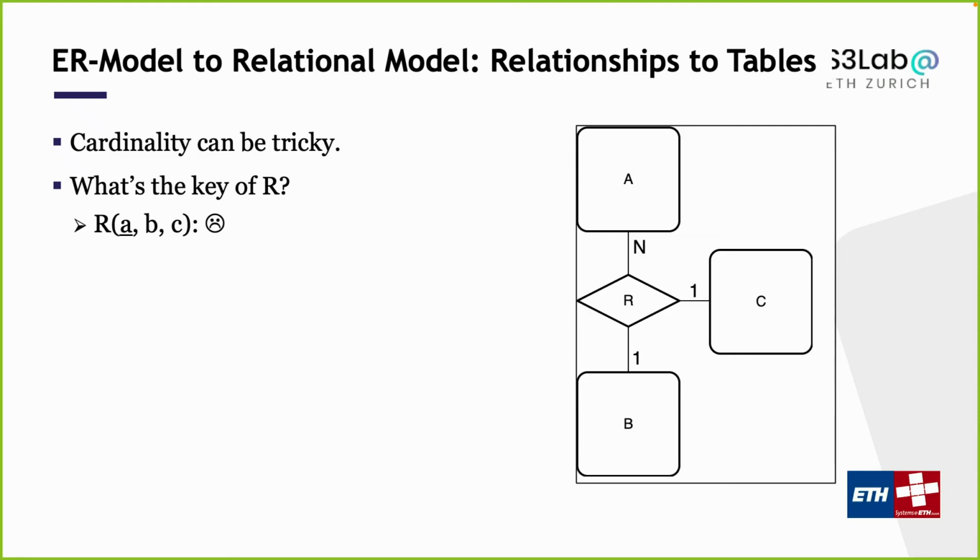So how many B and C entities can have that relationship with that specific A? Only one unique pair, right? So assuming you have B1 C1 A and B2 C2 A, that violates it. Given A, you don't know which one it is anymore, right? So only one unique pair of B and C can participate in a relationship with one particular value of A. If you have this design, why can A not be the key of R?